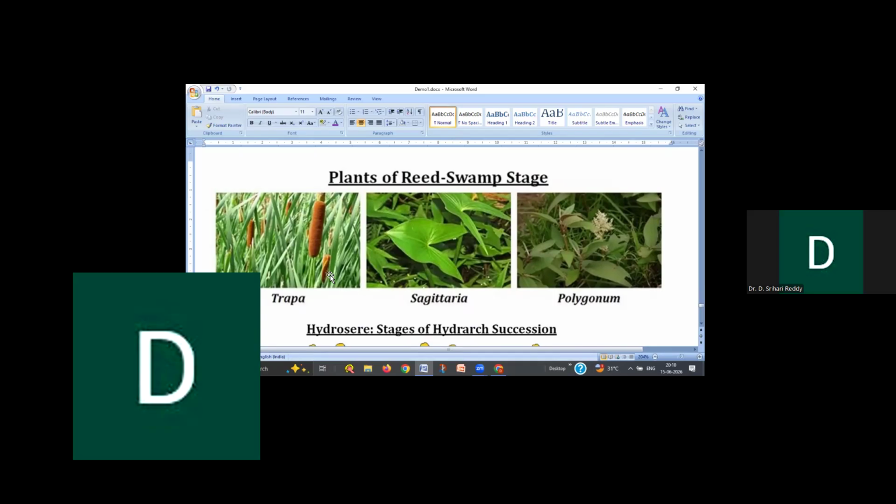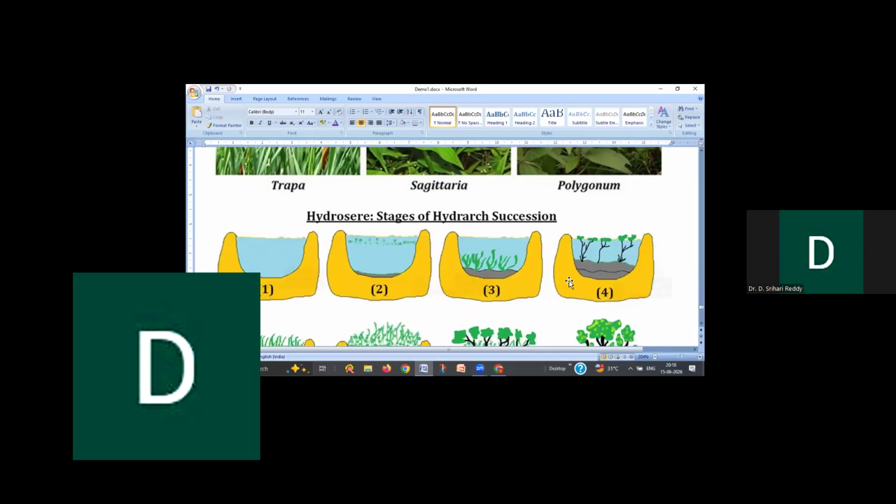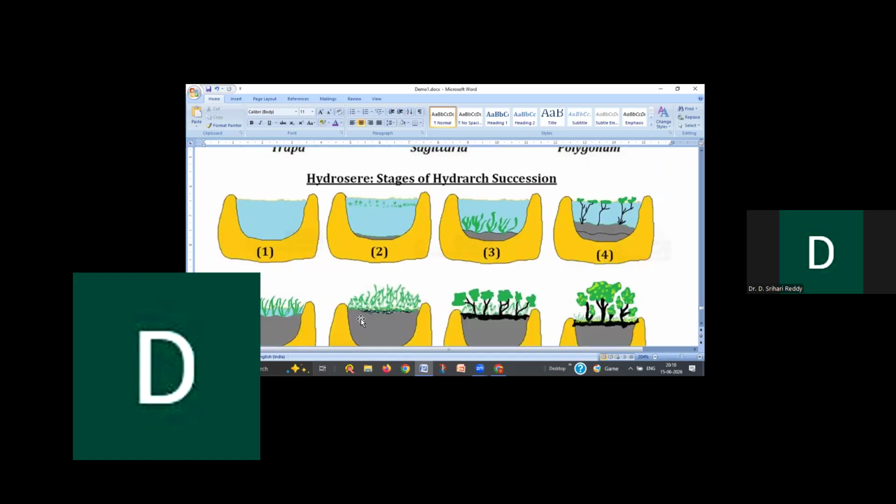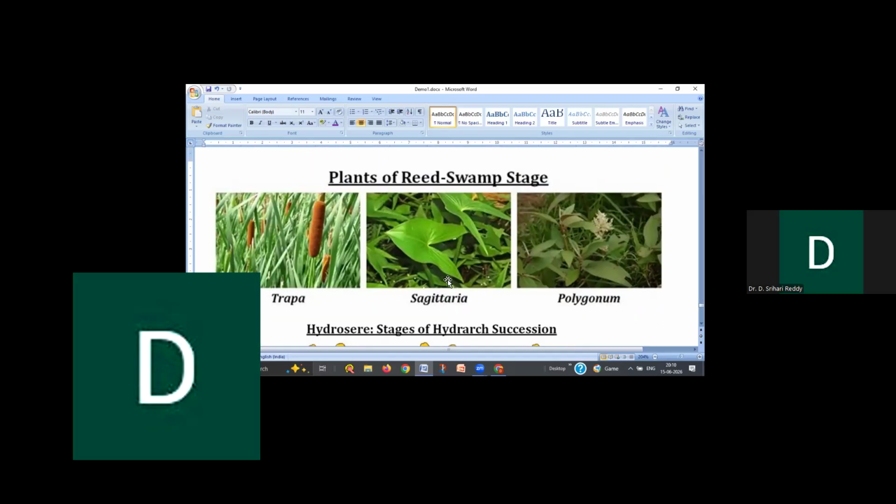Most of them are not immersed in the water, they are not submerged. In the different stages, we see there is a submerged stage, and a submerged and free floating stage. Leaves are floating and remaining parts are submerged. So like that, there are different stages here. If you see the reed swamp stage, they are called amphibians.